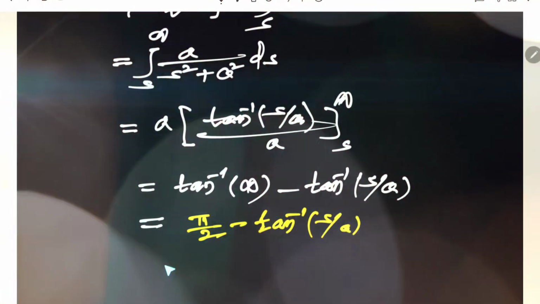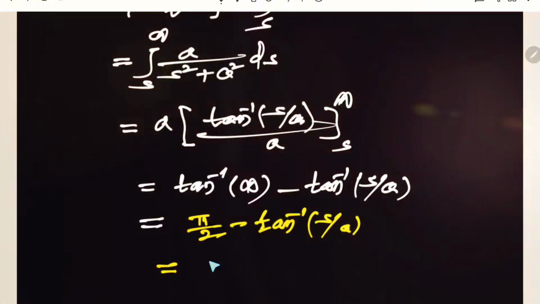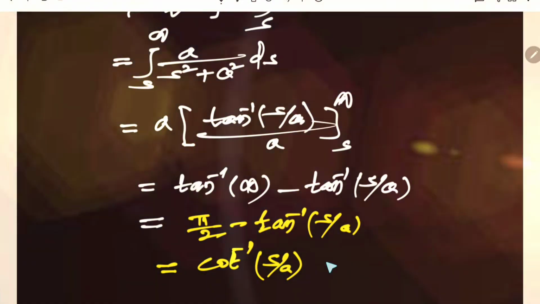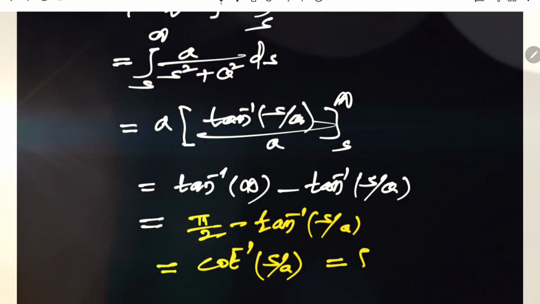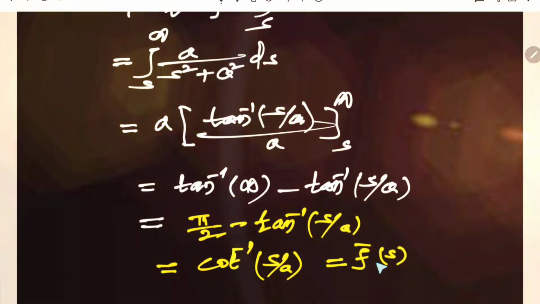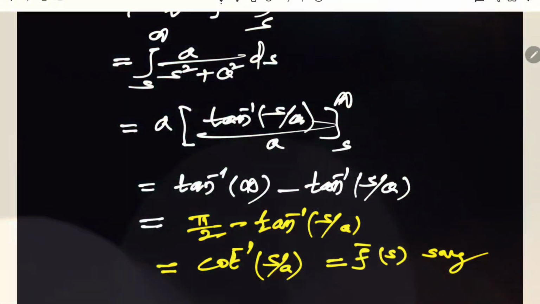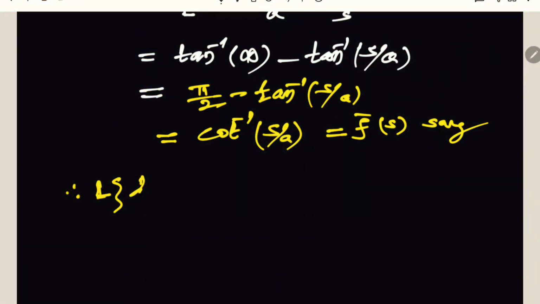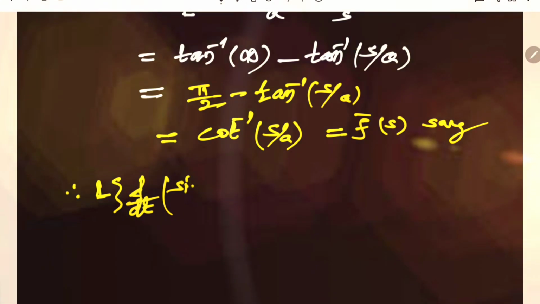Pi by 2 minus tan inverse of s by a, standard result, is cot inverse of s by a. And we call this the new f bar of s. Then we go for the last step, Laplace transform of derivative of that sin at by t.